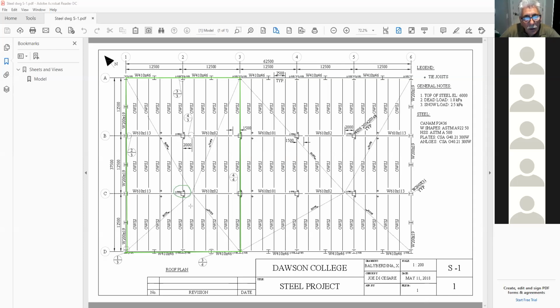What you don't understand is that the top of steel here is at minus 500, and the top of steel here is at 0, because the joists are sitting on top of the perimeter beam. You follow? So in other words, here you want the column to drop by 500.